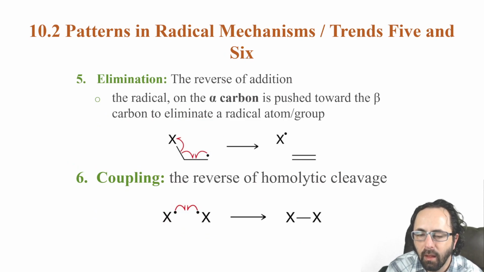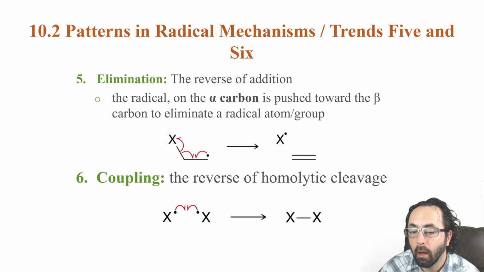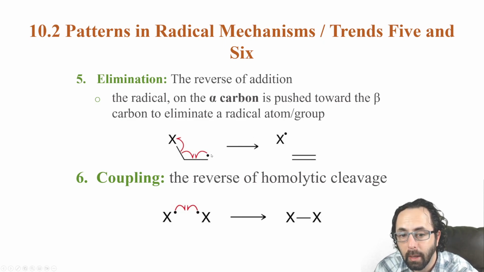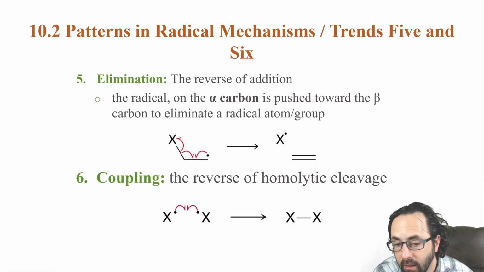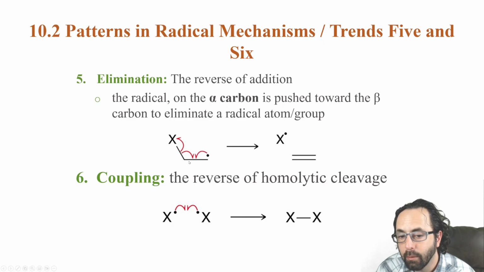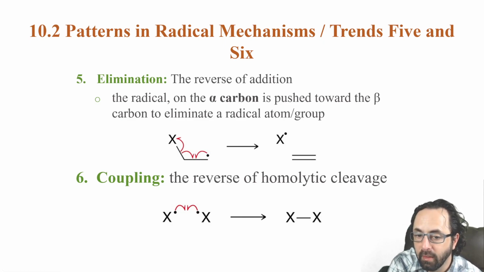The fifth pattern in radical mechanisms is the reverse of the addition. In the addition, we had a halogen atom, let's say, react with a carbon-carbon pi bond and produce a bond to the halogen atom. The elimination is the opposite of that.